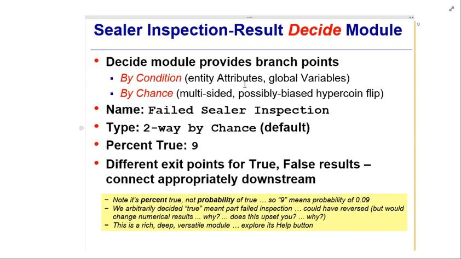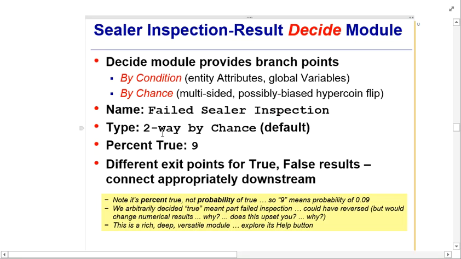What's being used here is by chance, which means it's strictly a percentage. If I have a percentage true of 9, it means 91% will be false and 9% will be true, and that's what you would see over time coming out of the decide module.